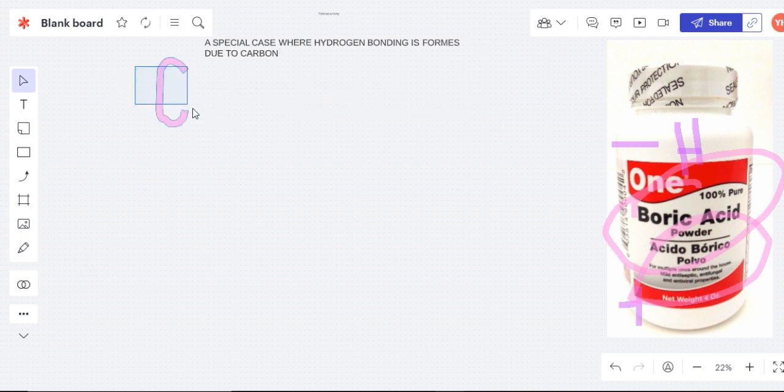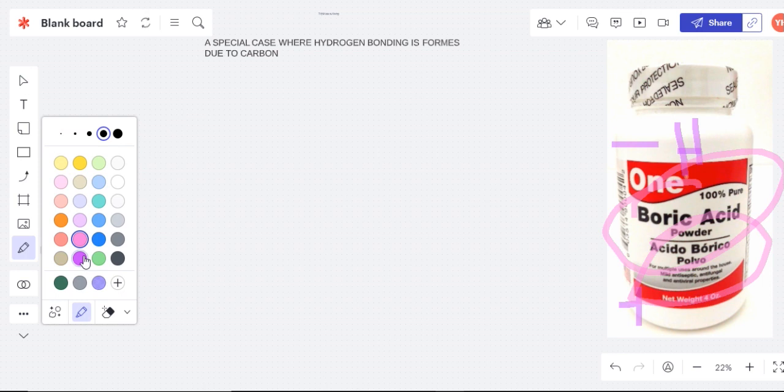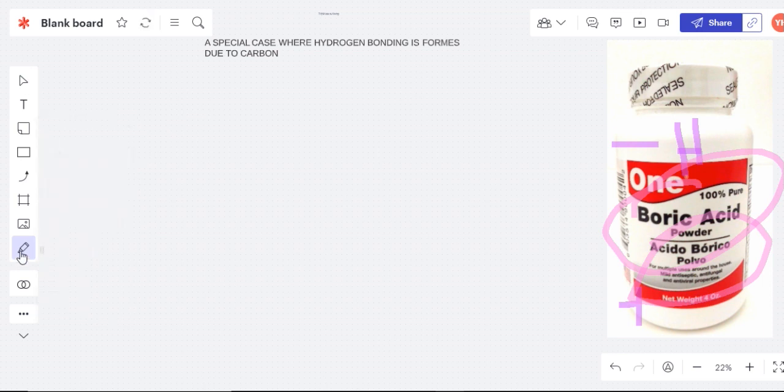So let's see with it. Let's erase it and use a new marker for the picture. Now we are aware of the formula of chloroform, which is CHCl3.